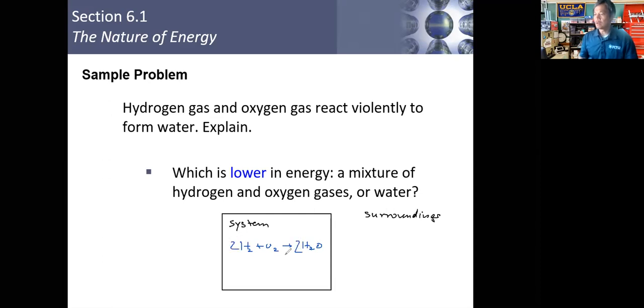With that said, and we talked about this before, this is a very violent reaction. Violent, then it produces a lot of energy. If you were to run this reaction, and we do run this reaction in lab, you have this popping sound, this miniature explosion where you form a little bit of light and sound energy, the popping.